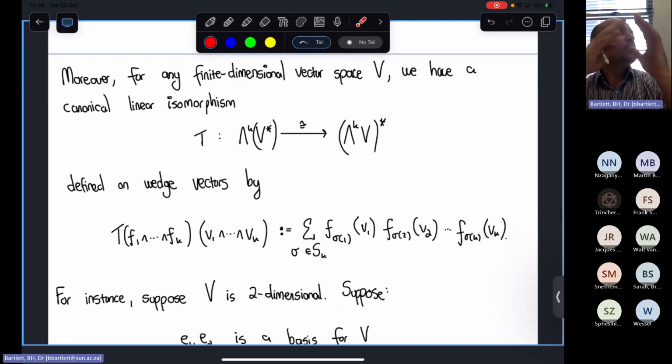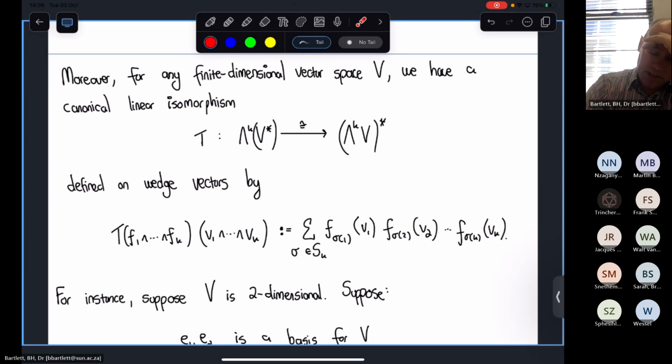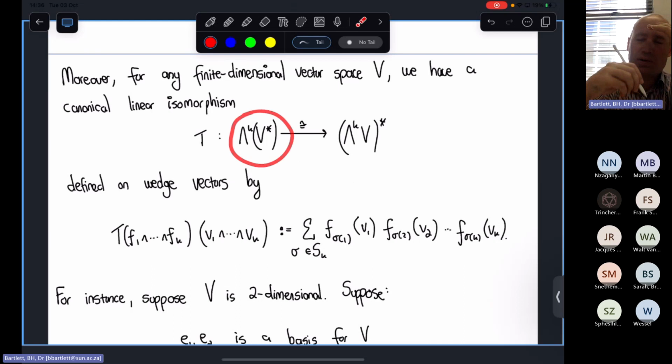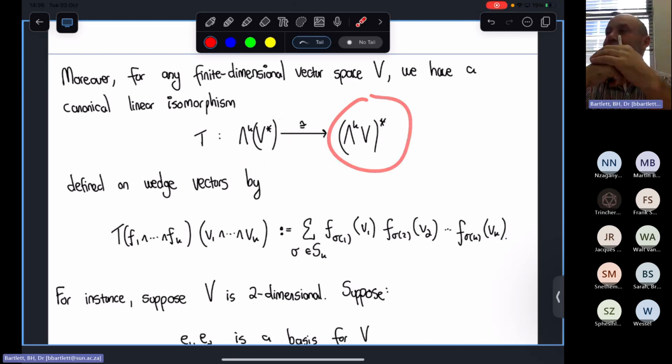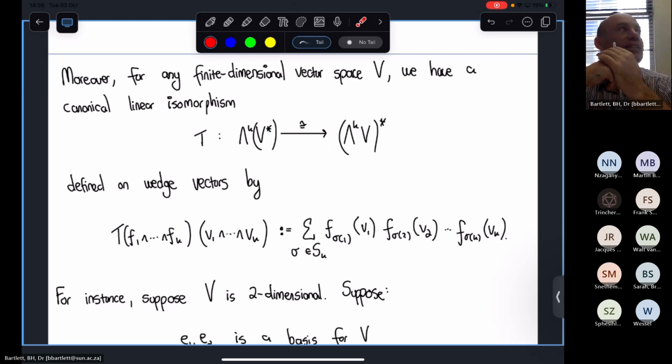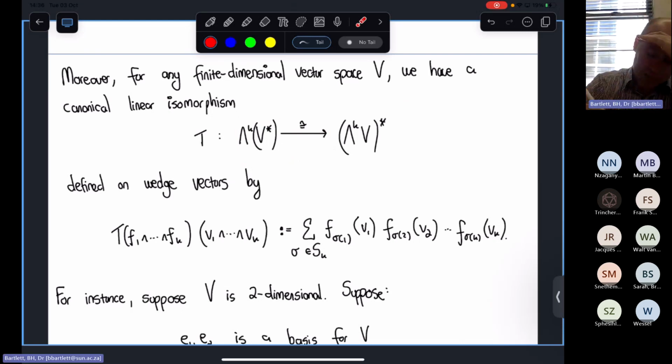Anyhow, it's one thing we're going to need in a second, that for any finite dimensional vector space, we have a canonical isomorphism between the kth exterior power of the dual of a vector space and the dual of the kth exterior power of the vector space. Okay, how does that work?